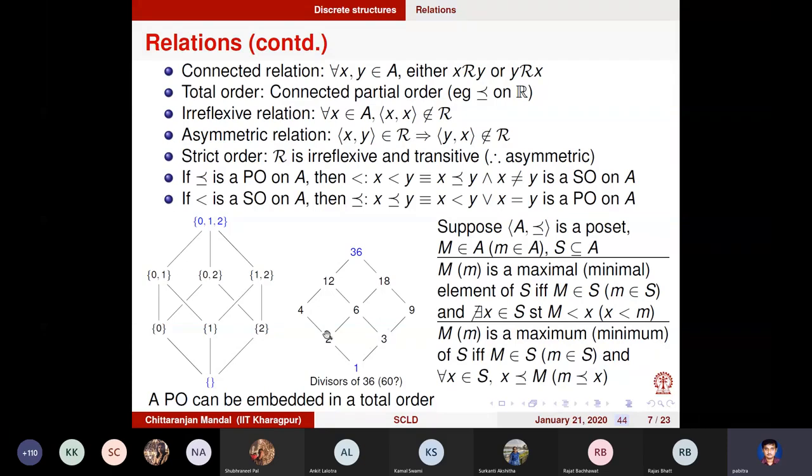No, because there are two elements, 12 and 18, which are greater than 6. 2 definitely not, as 6, 12 and 18 are greater than it. 3 not. So what are the maximal elements in this subset?